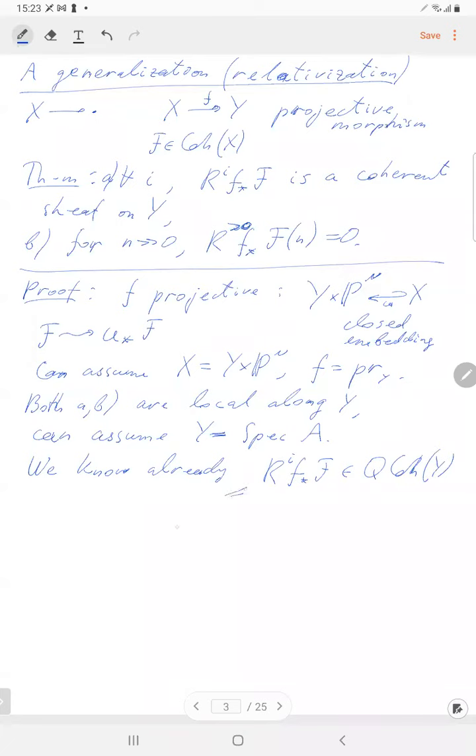So there's localization of something, M tilde, or M just a module over A. Okay, and we all need to prove that those modules are finitely generated.